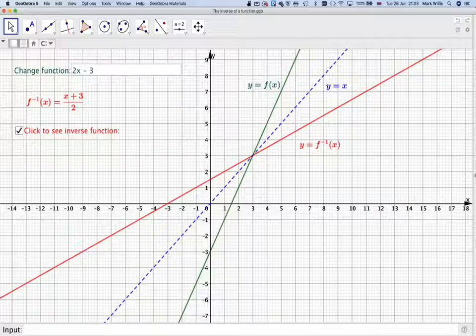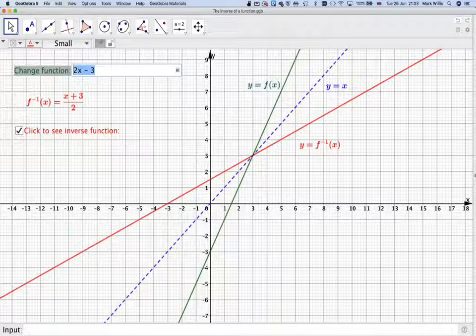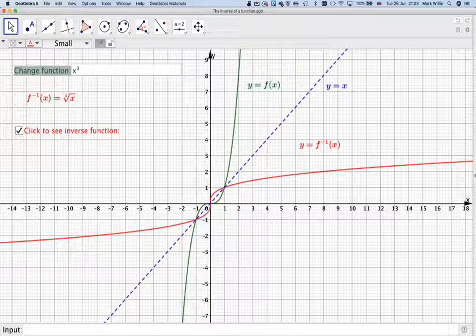Now with this applet, which I'll put in the notes of the video, I can change it to different functions, as long as the function is one-to-one. So let's take something like x cubed. The green graph here is x cubed.